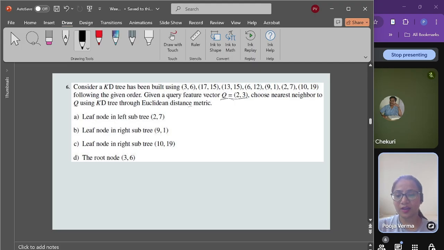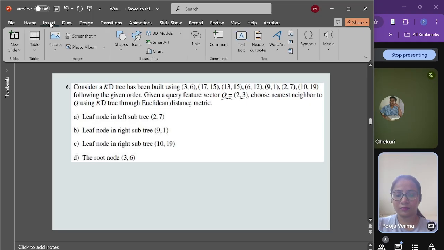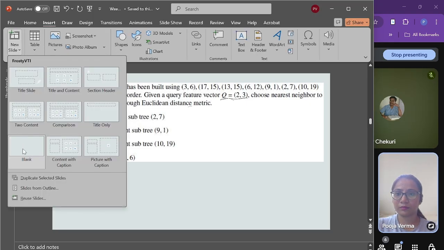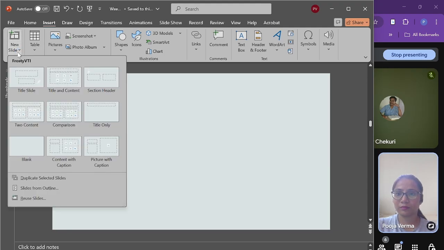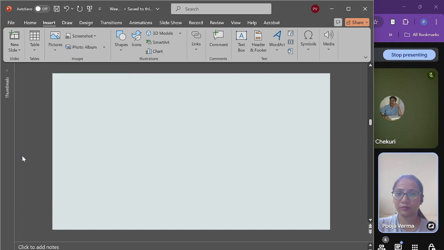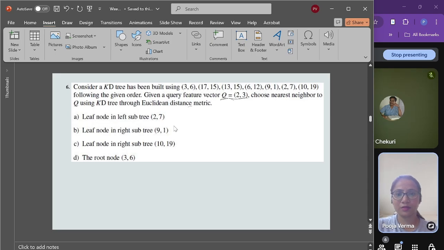So how can we calculate it? Anyone having any idea? Okay, so let's see this question.